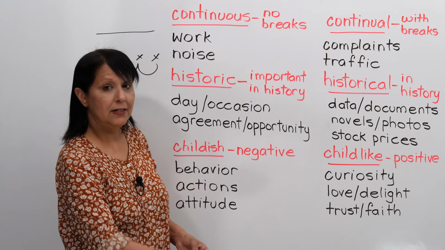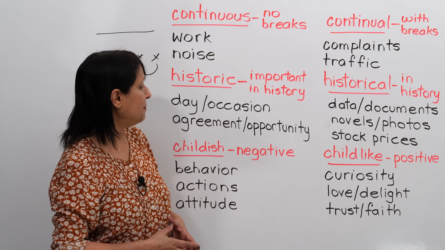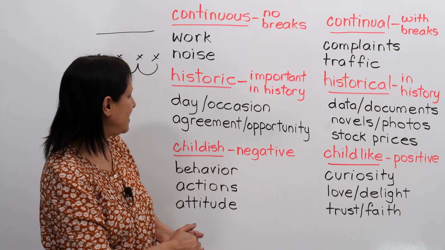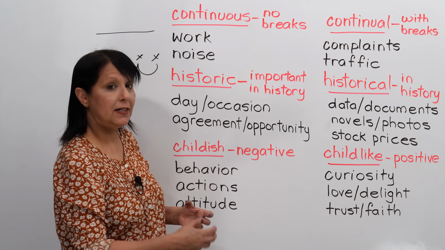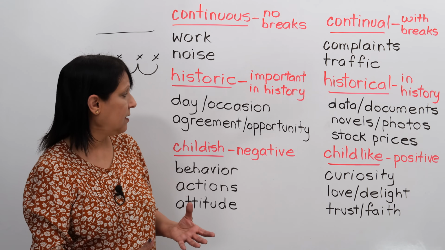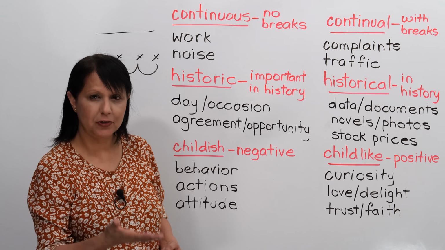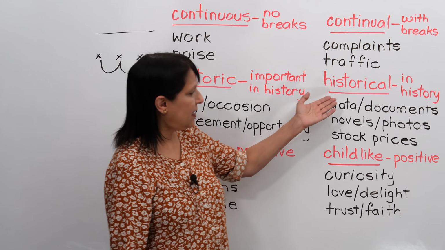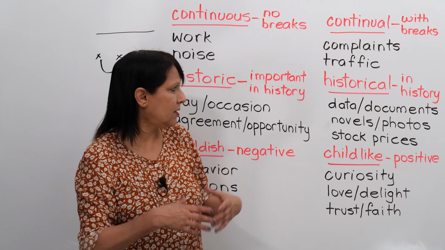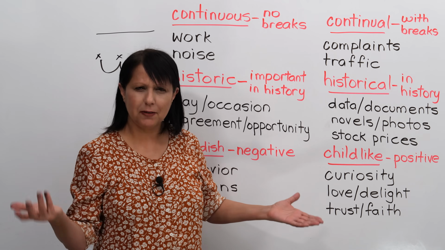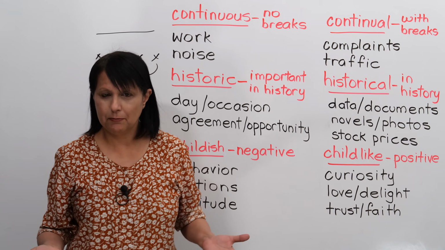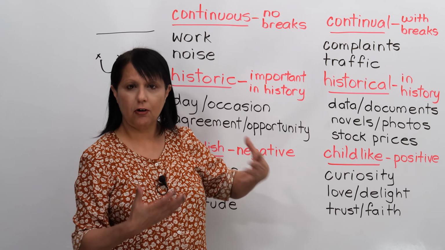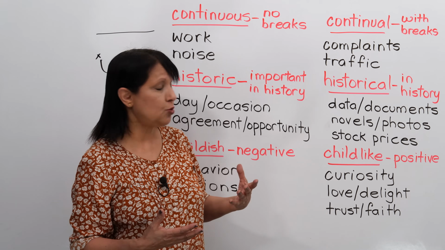So we could talk about a historic day when something happened, a historic occasion or event when something happened, a historic agreement, or a historic opportunity or chance to do something. All right? And on this side, since we're just talking about something that's connected with the past, but not necessarily important, it's historical data, historical documents, historical novels.